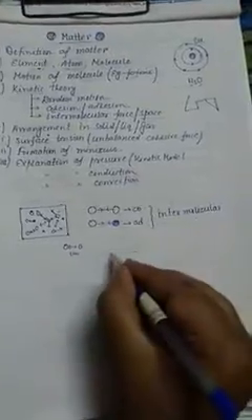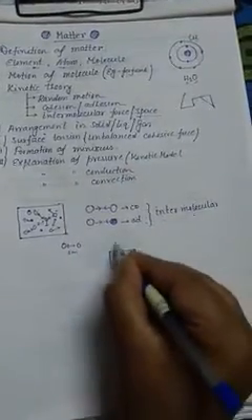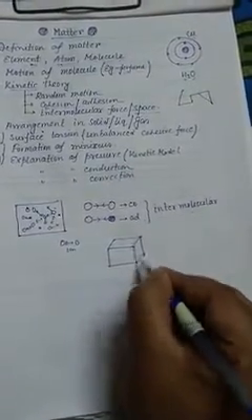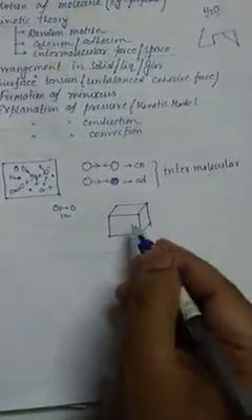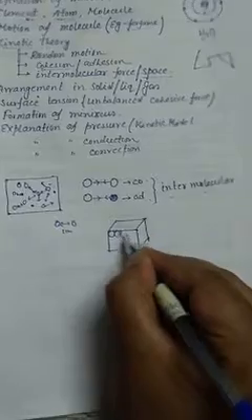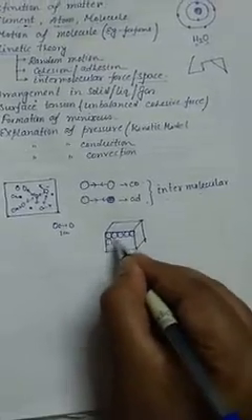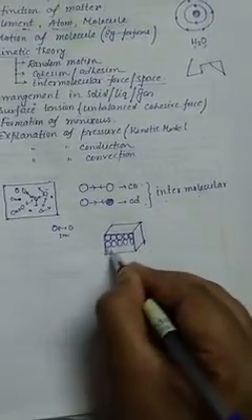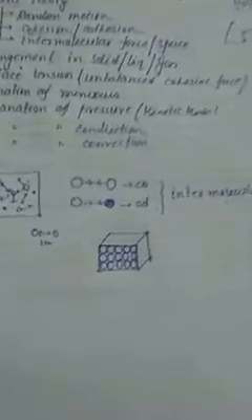Let's say this is a piece of solid, made up of iron or something else. All these are the molecules of iron, suppose arranged in that manner.